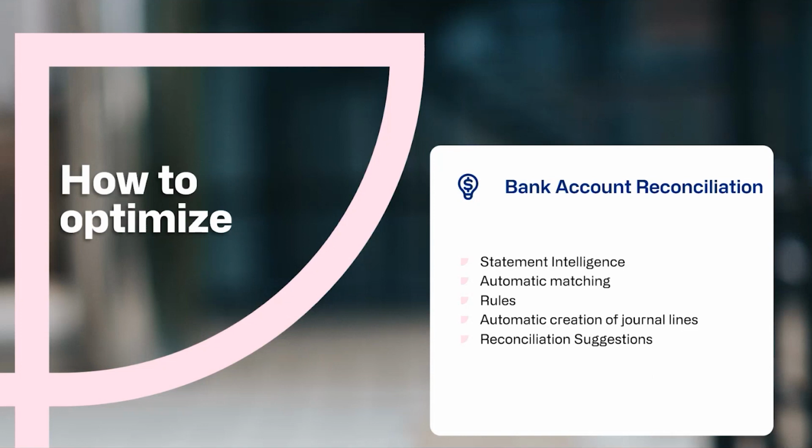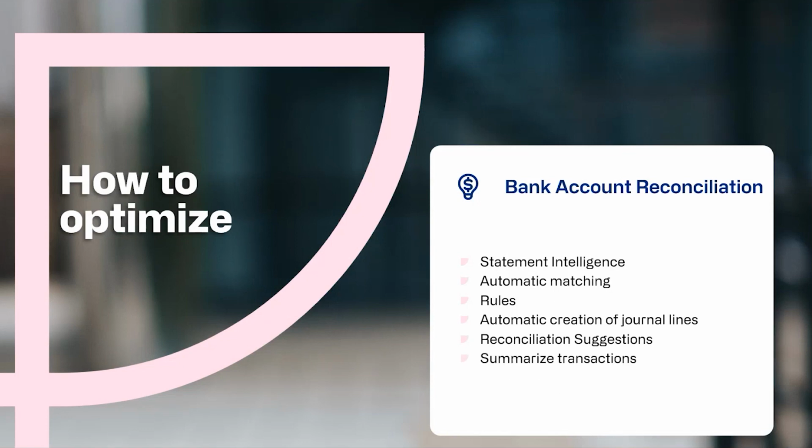We get reconciliation suggestions. So if we find a match, but it's not completely 100%, then we get a suggestion so that we can determine if it's supposed to be that line that we use for the journal line creation.